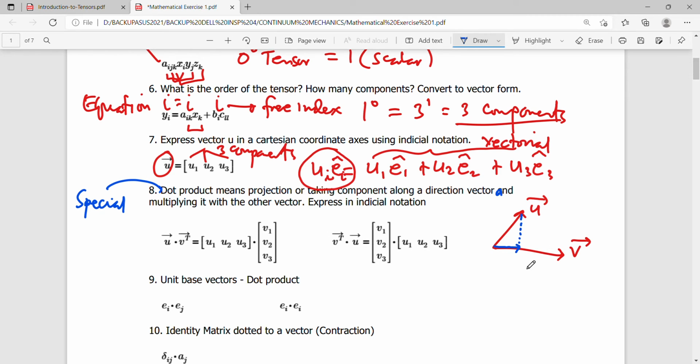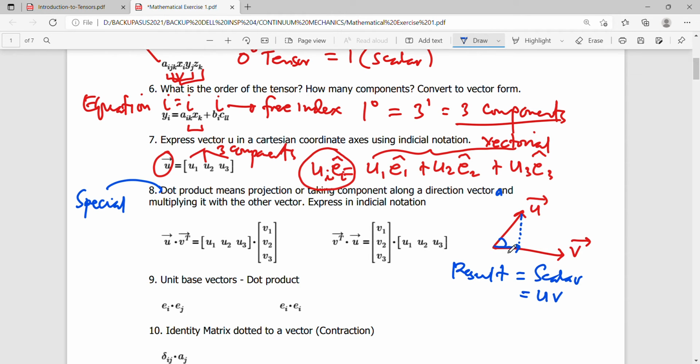Okay, so if I want to take the magnitude of such a resulting vector, what's the resulting tensor here? So the result will be a scalar with a magnitude equivalent to this times this one, or simply your u times v.